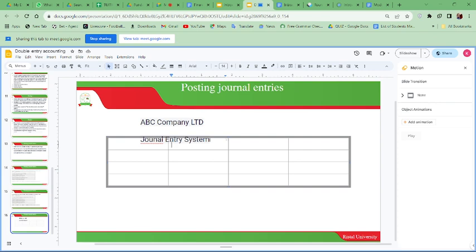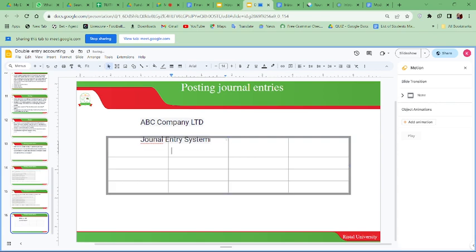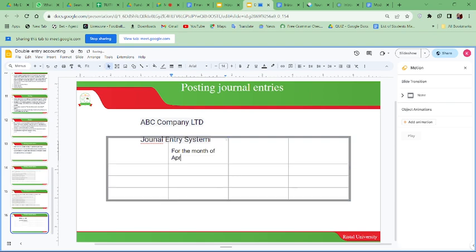It has to be in order: the company's name, then what you're preparing, and then the date. Our date is for the month of April 2022.